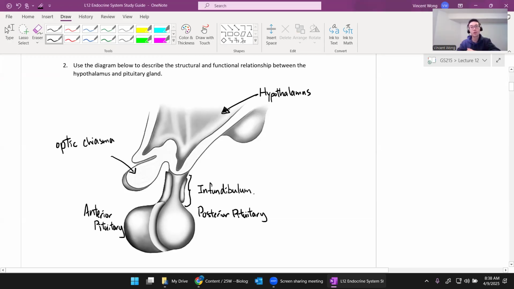Which one stores hormone from the hypothalamus? Is it the anterior or is it the posterior? Which one stores hormone made by the hypothalamus?